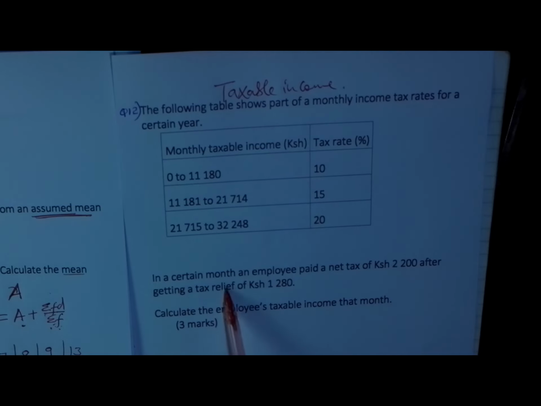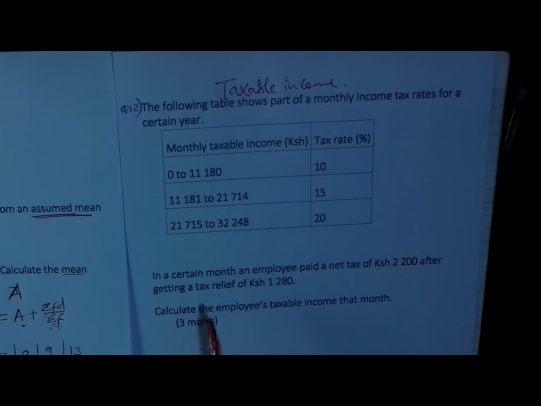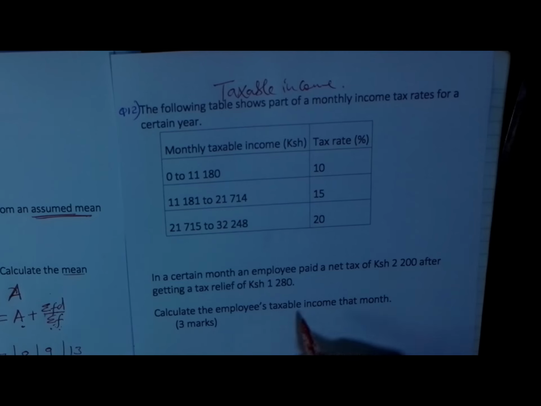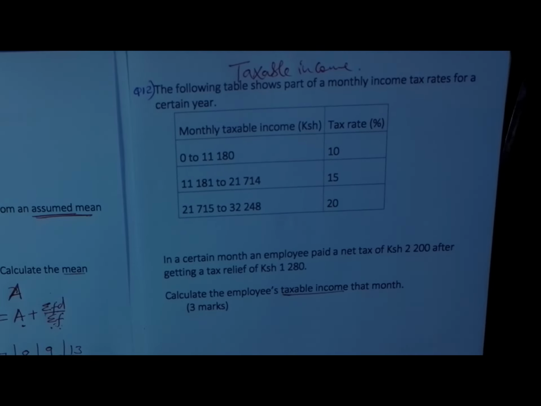In a certain month, an employee paid a net tax of 2,200 Kenyan shillings after getting a tax relief of 1,280 shillings. Calculate the employee's taxable income in that month.